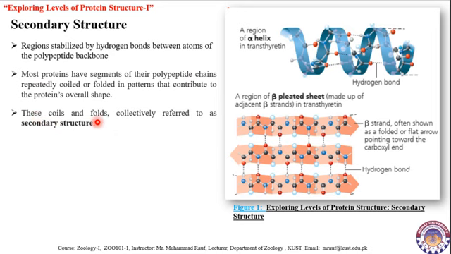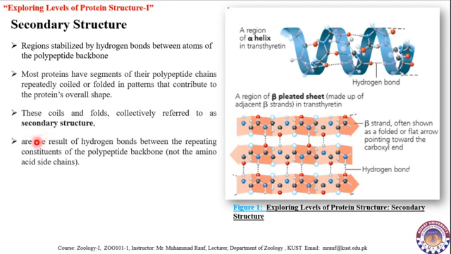Now these coils and folds, collectively referred to as secondary structures, are the result of hydrogen bonds between the repeating constituents of the polypeptide backbone. Once again, I remind you that in the secondary structure the amino acid backbone is involved and the side chains are not involved.